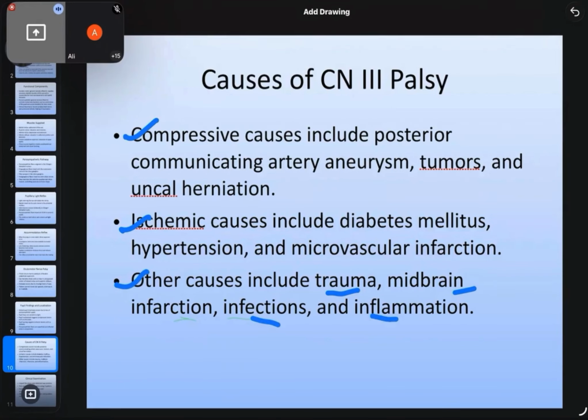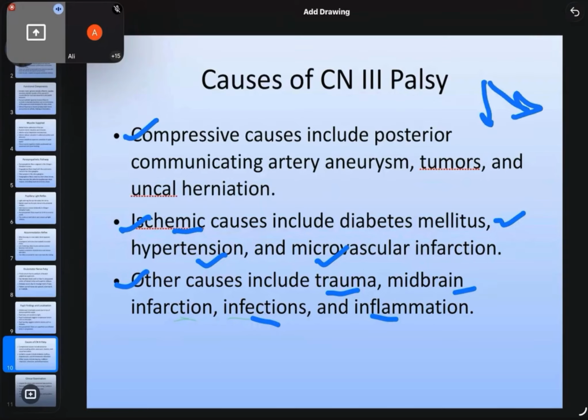These are quite common. Now, ischemic causes. This just means that if the patient has diabetes or hypertension or microvascular disease, there is not enough blood reaching the nerve, and that's why there is an ischemic lesion, and that's why this palsy usually happens. Try and remember this thing: down and out, down and out.